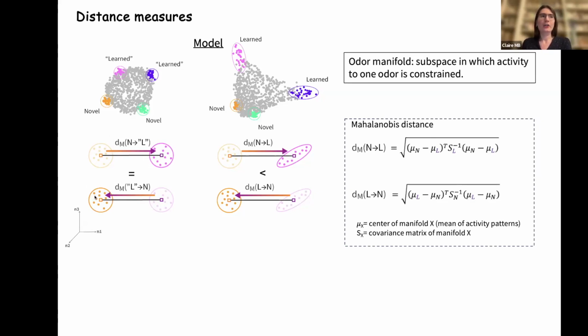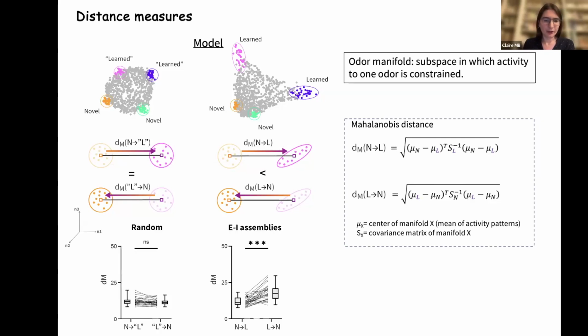And so if the neural covariance of the two manifolds is different, then these two distances will be different. For example, here in the case of the networks with EI assemblies, the distribution of activity is not isotropic. The distribution is stretched along one dimension. And so this is indeed what we observe.